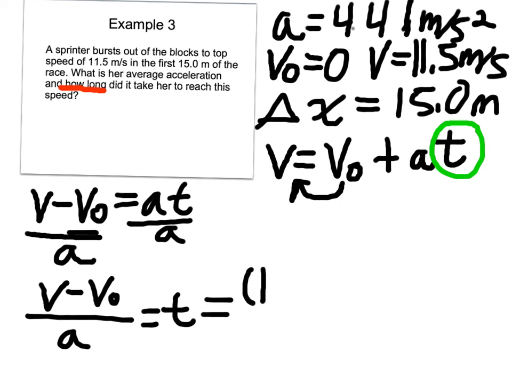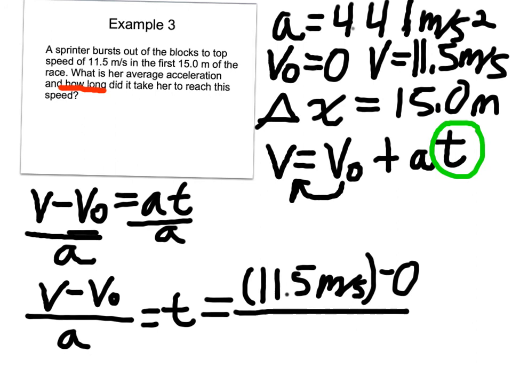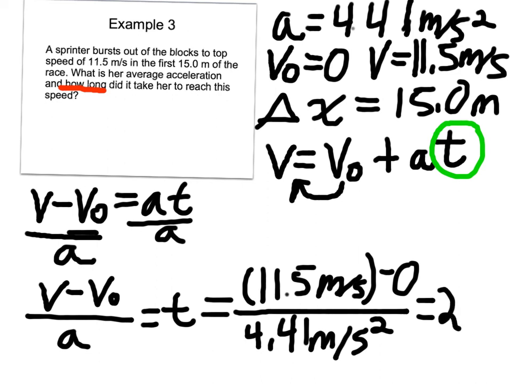Final velocity is 11.5 meters per second. Initial velocity is 0. Acceleration is 4.41 meters per second squared, which we found in the last problem. Alright, I can ignore that 0, and now I'm just dividing 11.5 by 4.41. 11.5 divided by 4.41, and I get, rounding, 2.61 seconds.